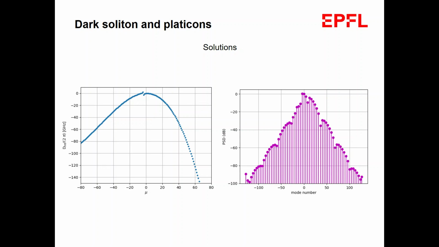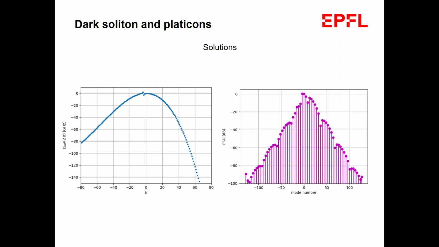I have to work in Fourier space in order to not get into a polynomial expansion of this, and just take this and directly give it to the solver. But that's what you get. And if you look at the number where it is, it's the count of how many FSRs from your pump you have your avoided mode crossings. So it's 4. And actually here we have every fourth comb line only.